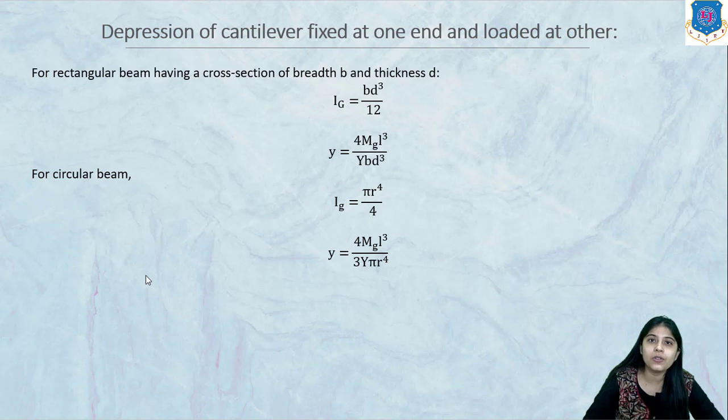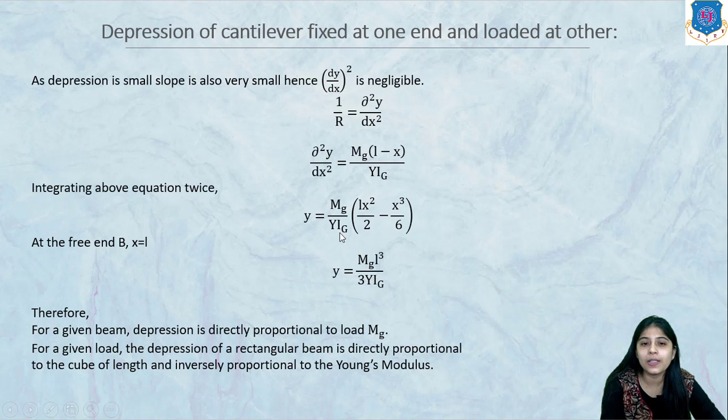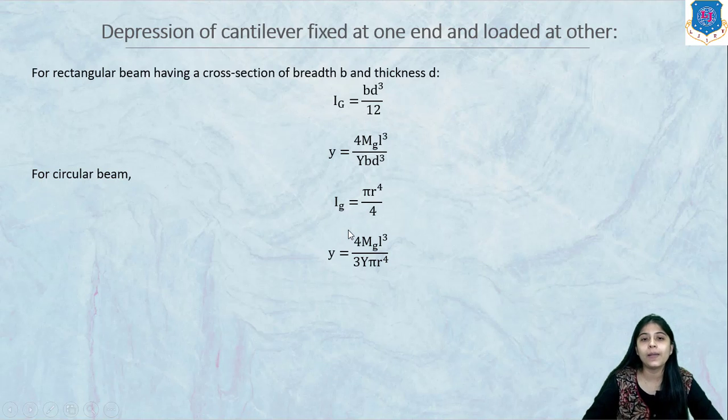If we substitute this into the final expression for depression, we'll get y equal to 4mgL cube upon Ybd cube.